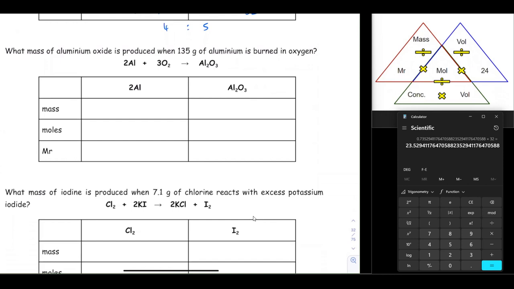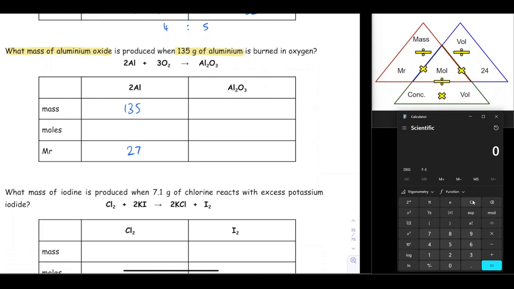What mass of aluminium oxide is produced when 135 grams of aluminium is burned in oxygen? So I've got to find out the mass of aluminium oxide given 135 grams of aluminium. My relative molecular mass of aluminium is 27.